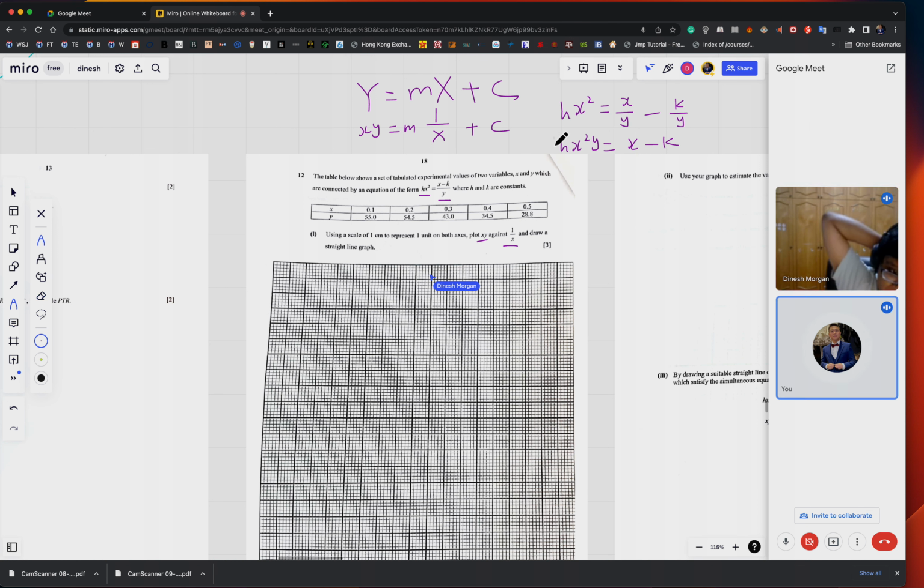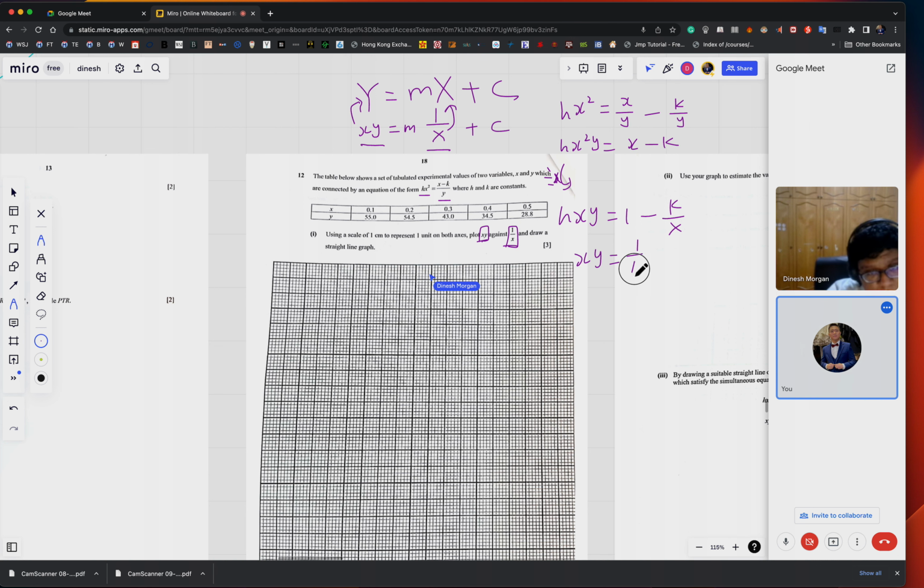Do you know why I do this? Because I want to get this xy and 1 over x as my big Y and big X. You understand? So I divide by x, and then what I get is hxy equals 1 and k over x. Can you see we are closer? Then we just divide by h further.